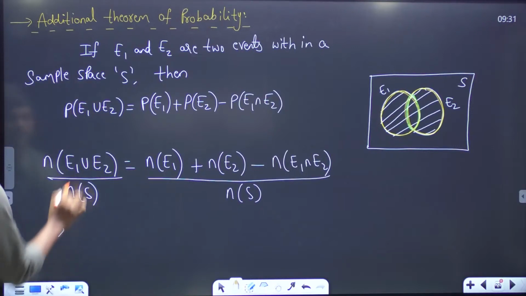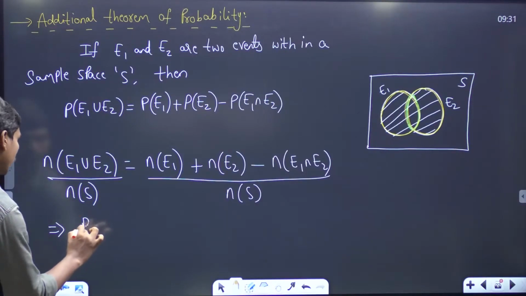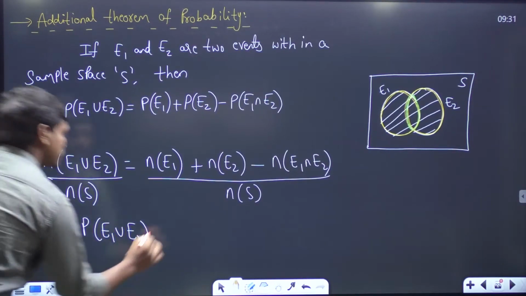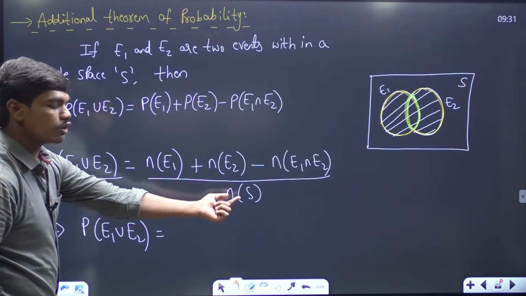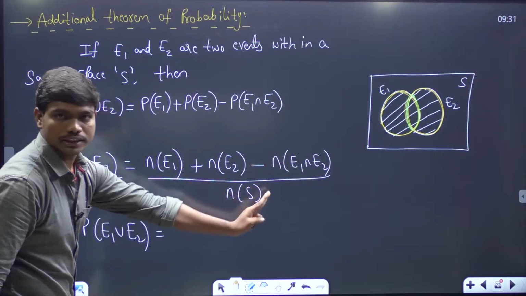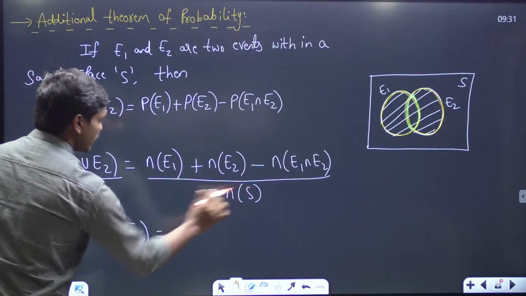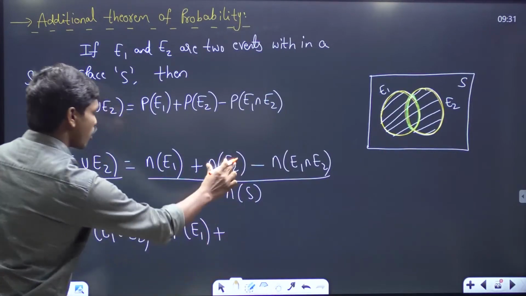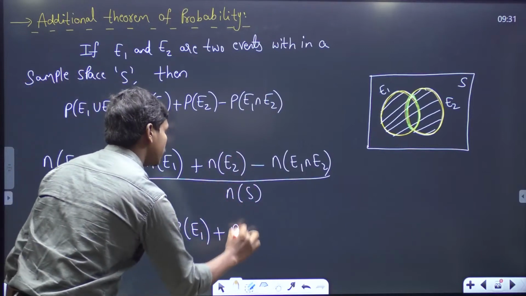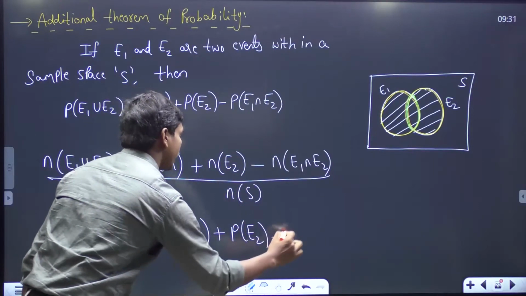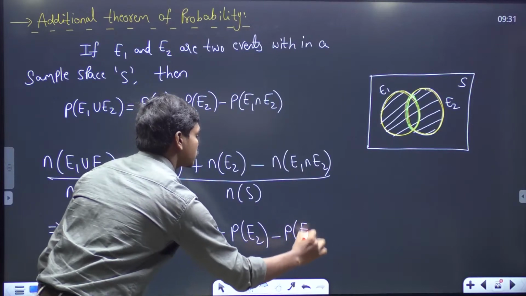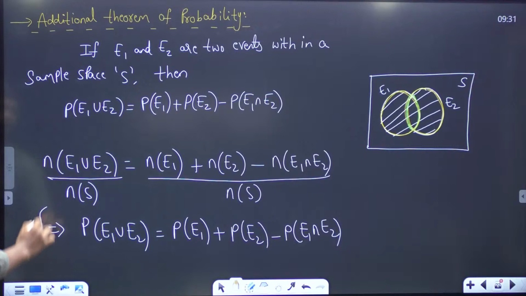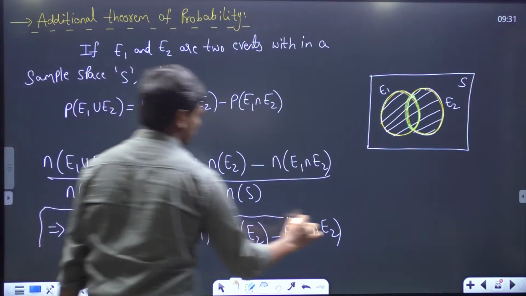And by definition, this is nothing but P of E1 union E2 is equal to, since this is a common denominator, if you split this denominator for all three terms individually, n of E1 divided by n of S is P of E1 plus n of E2 divided by n of S is P of E2 minus P of E1 intersection E2. So this result is called the addition theorem of probability.